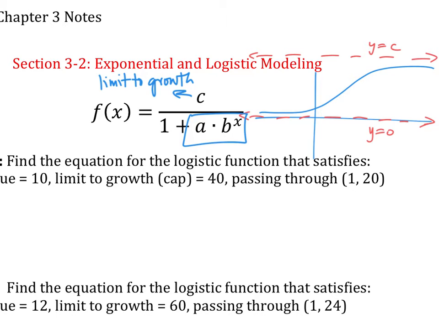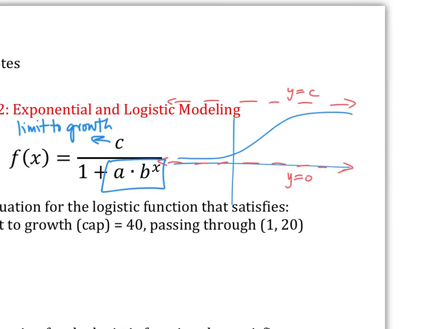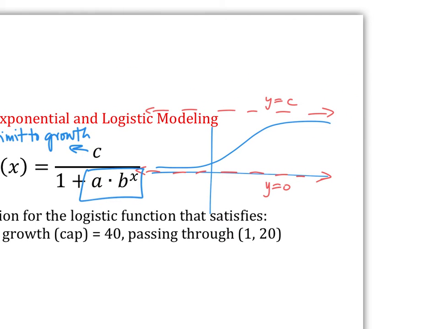The higher the x is, the bigger y is, and it can do that forever. But a logistic function, however, has a limit to growth right here. So you cannot expand forever. There is a cap. After this number, it will still grow, but it will just try to get to C, and it will actually never be C because there's a cap.